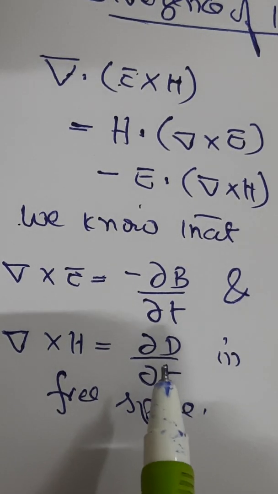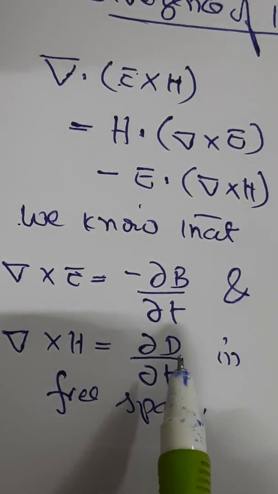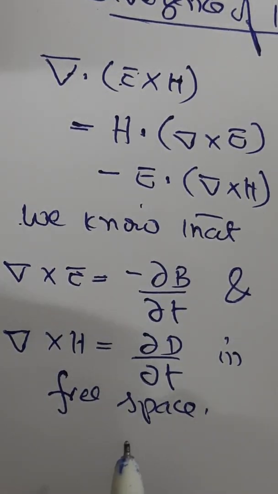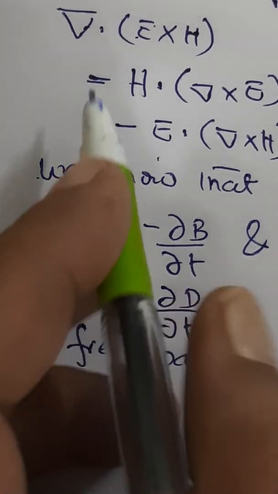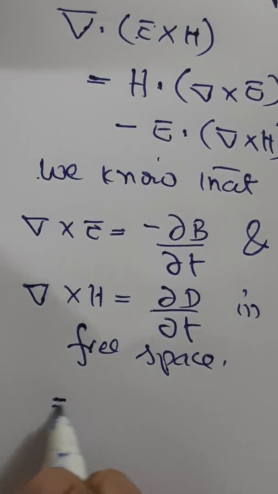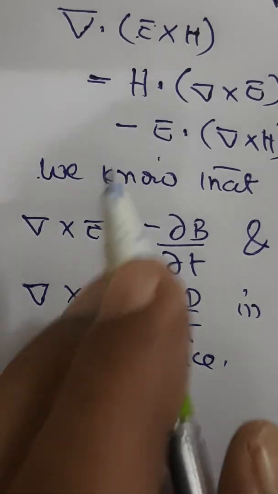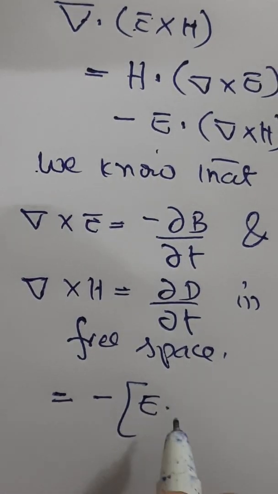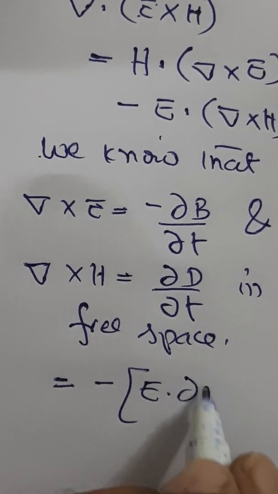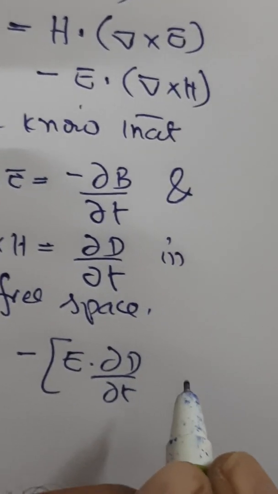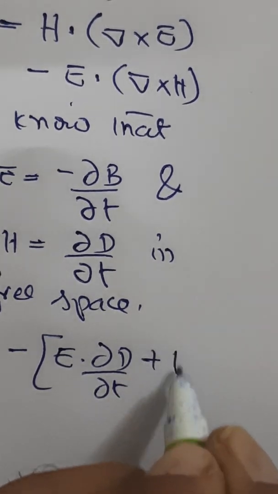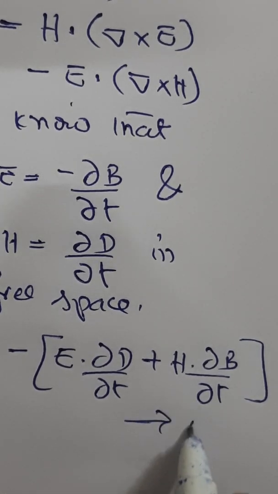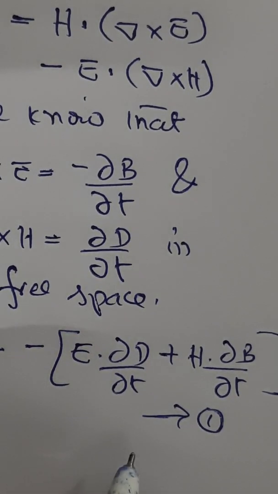I have explained this in the last session with respect to displacement current. Now when you substitute these, taking minus common out, you get minus of E into dou D by dou T plus H into dou B by dou T. Call this equation 1.